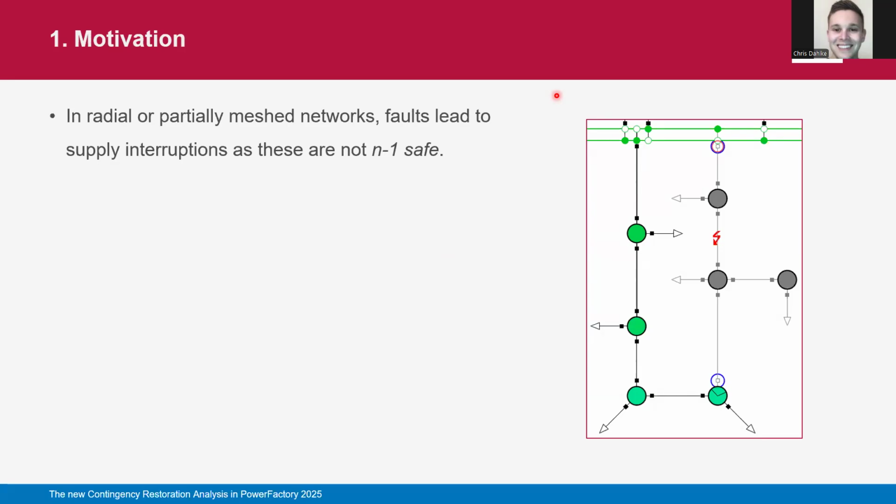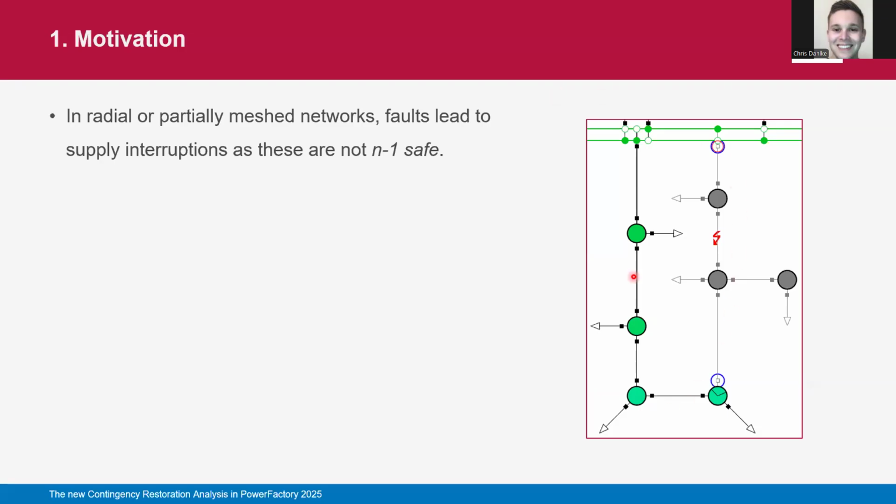So it's normally N-1 safe, or you have some predefined switch operations that will be executed for specific fault cases. However, this does not work in radial or partially meshed networks, as normally each fault, or each contingency, will lead to supply interruptions. So the grid is normally not N-1 safe without additional switching operations.